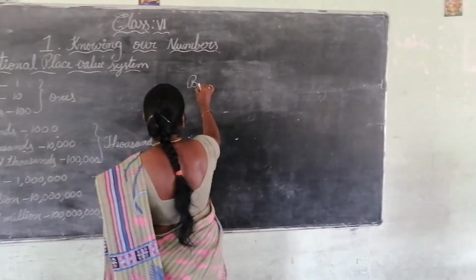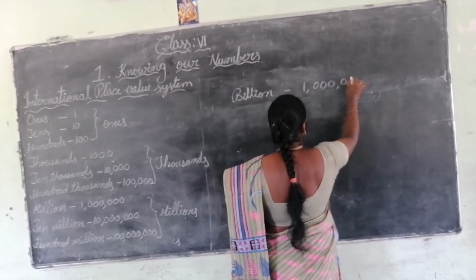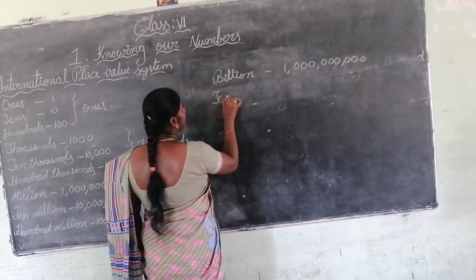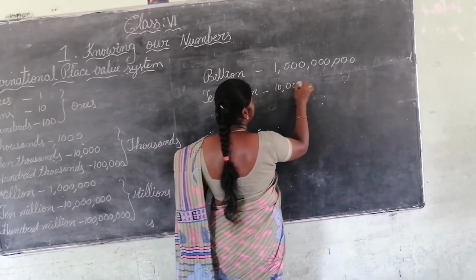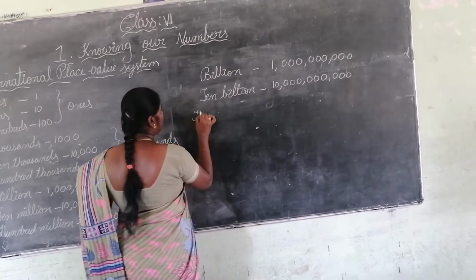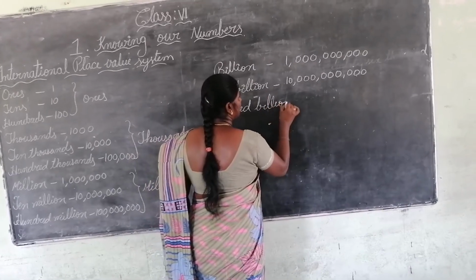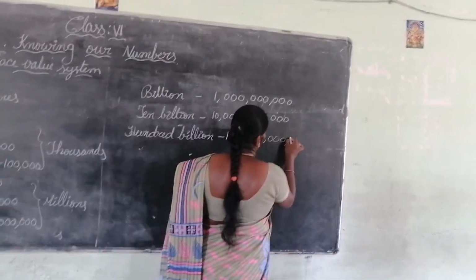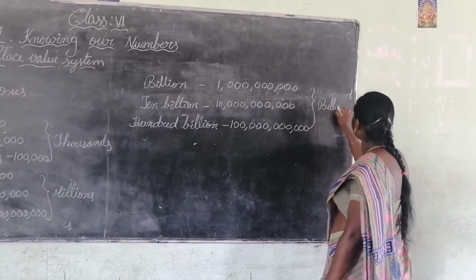Next, billion, 10 billion, 100 billion. These three come under the billions period.